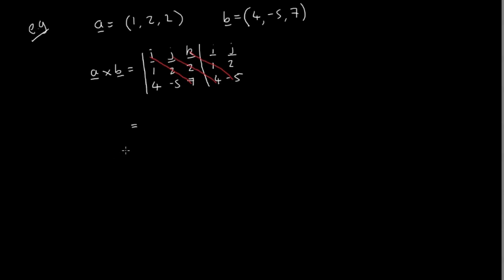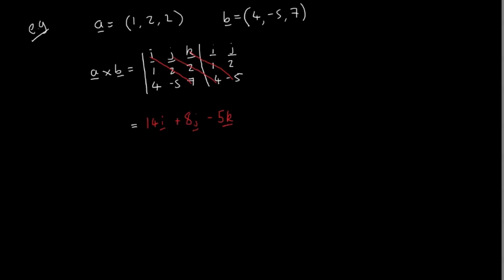So we have i times 2 times 7, which is 14. I'm going to write the 14 in front of the i, so 14i. We have j times 2 times 4, which is 8, so 8j. And we have k times 1 times minus 5, so that's minus 5k.